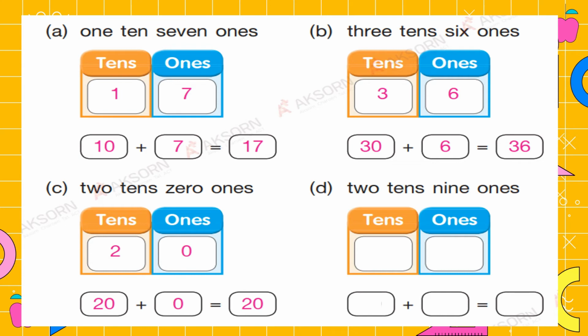Next, letter D, we have 2 tens, so we're going to write 2 in the tens place and 9 ones, so let's write 9 in the ones place. Now let's write the expanded form of it. We have 29 here. So we write 2 tens is equal to 20 plus 9 is equal to 29.